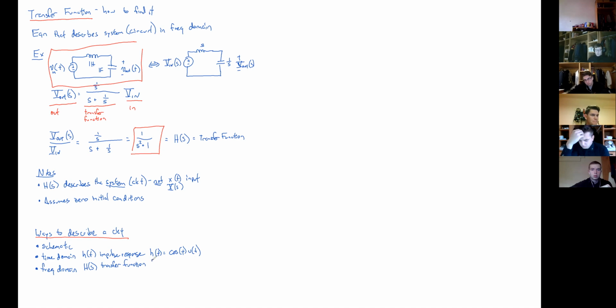Or we could have equivalently said h of s is equal to 1 over s squared plus 1, a ratio of polynomials, which is also a completely equivalent description.